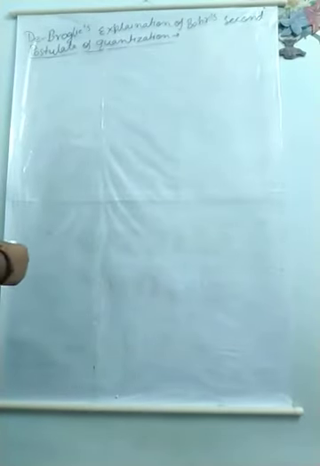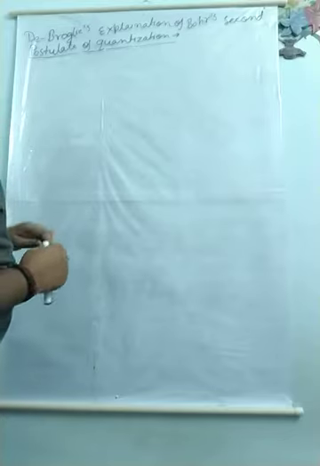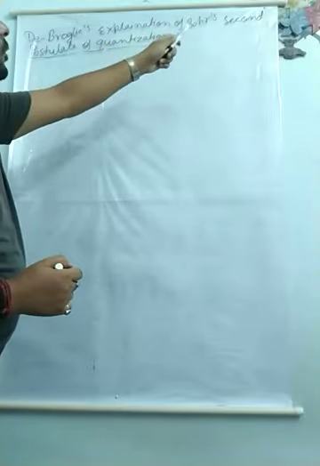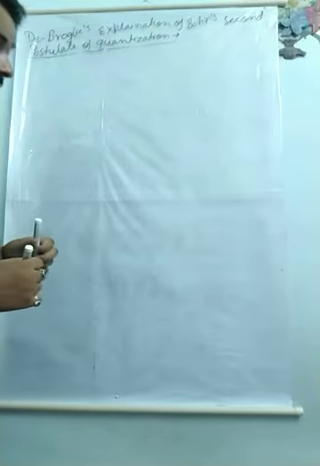Okay, next and last topic of this chapter, atoms, is de Broglie's explanation of Bohr's second postulate of quantization.